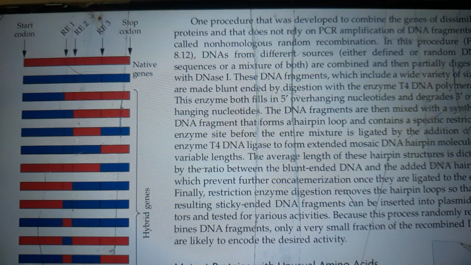One procedure that was developed to combine the genes of dissimilar proteins and that does not rely on PCR amplification of DNA fragments is called non-homologous random recombination.